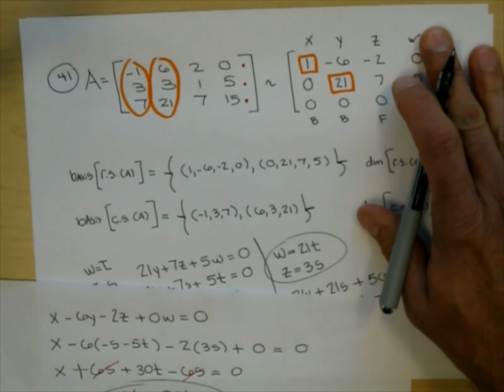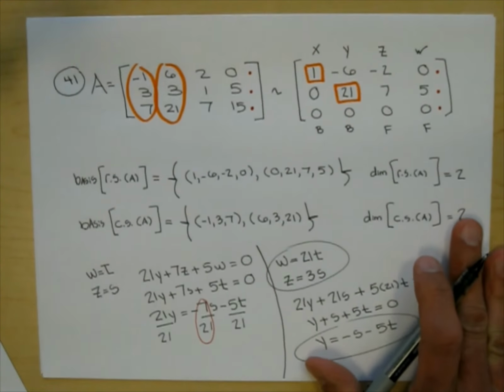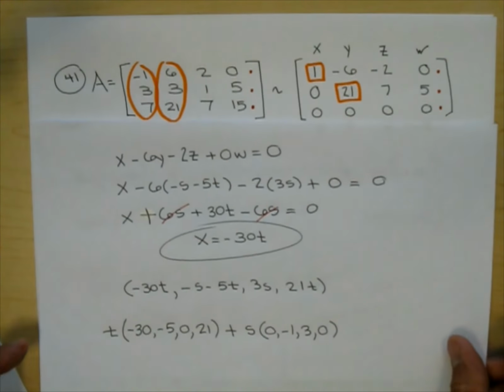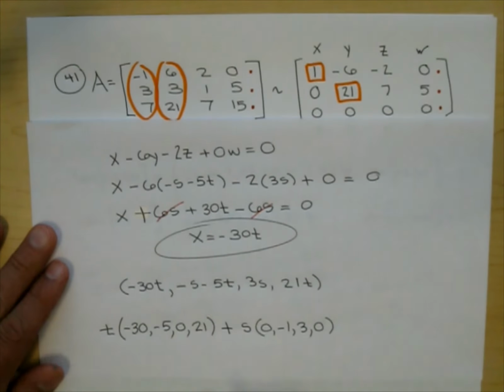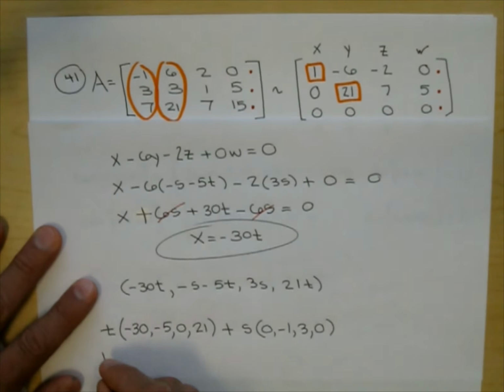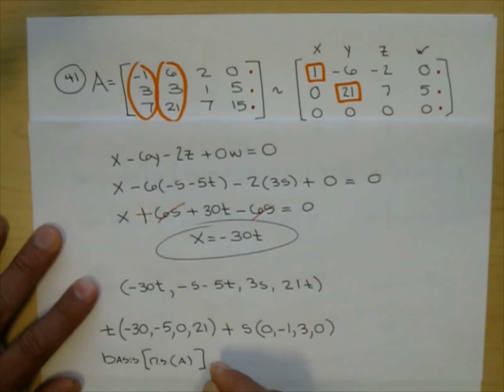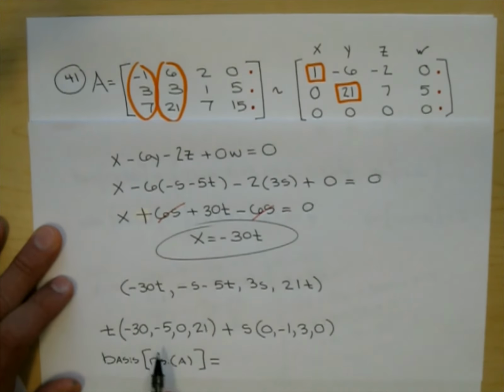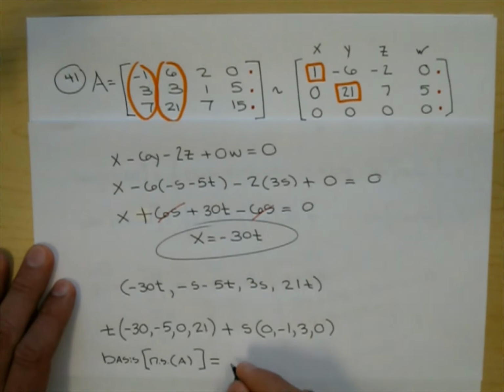So here's a matrix. They asked me to find the null space of this matrix. And I'm almost done doing that. Actually, they asked me to find the basis of the null space of A. And so look, I have a linear combination of two vectors.